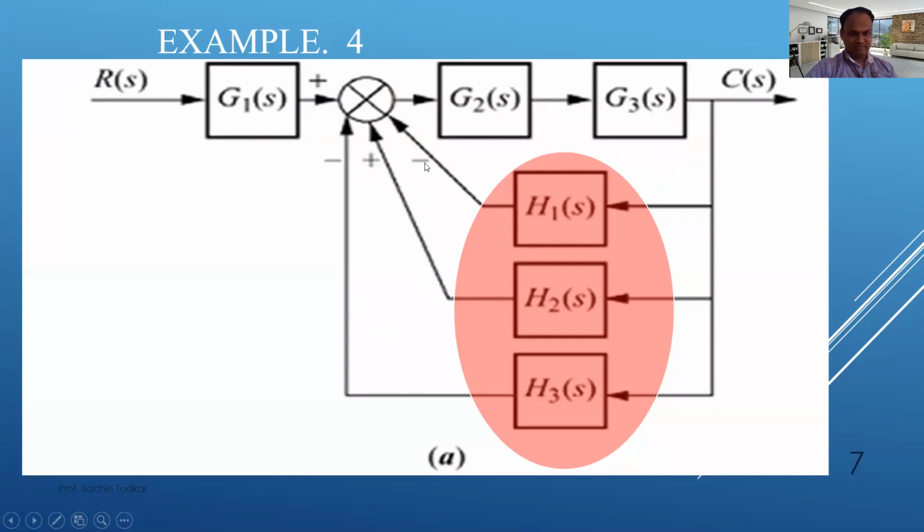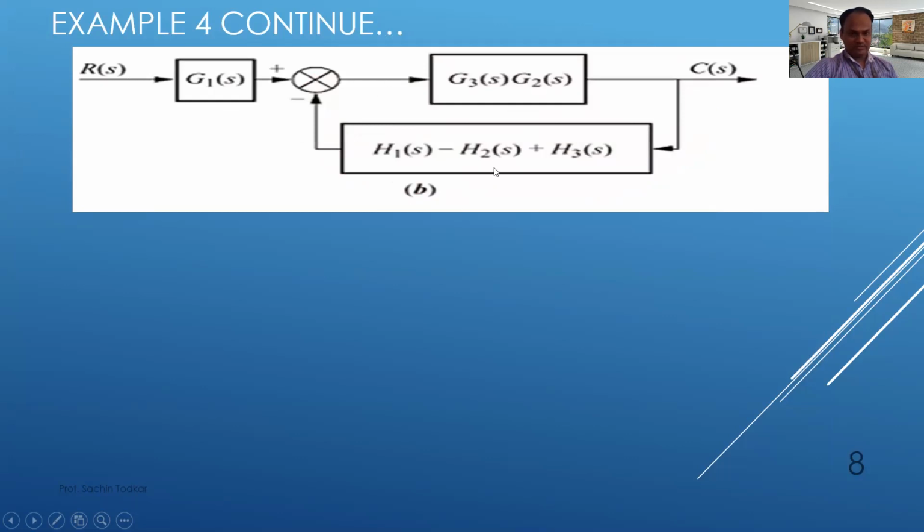So I have taken a negative sign out of the bracket. H1 is this, H2, as it is positive and the negative sign is taken out, becomes minus H2, and plus H3. So H1 minus H2 plus H3, and these two are in cascade, so there will be direct multiplication of this. And now we are going to find the feedback loop.